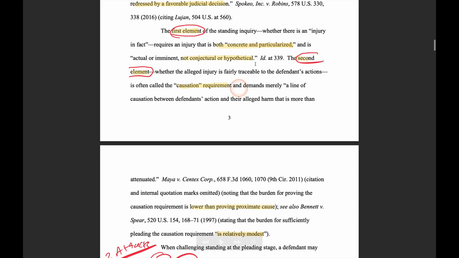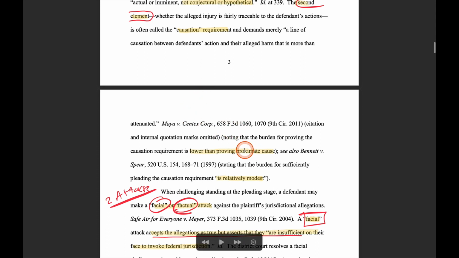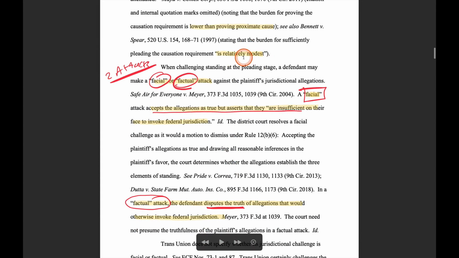All right, so we've got the second element, which is causation. In other words, can you show that something the defendant did is likely what actually caused your injury here? And there are some technical legal terms, like proximate causation. Basically, this whole idea of causation is not terribly hard.